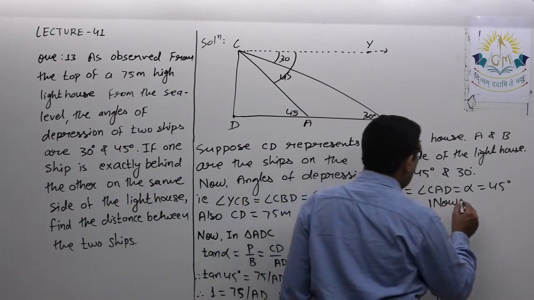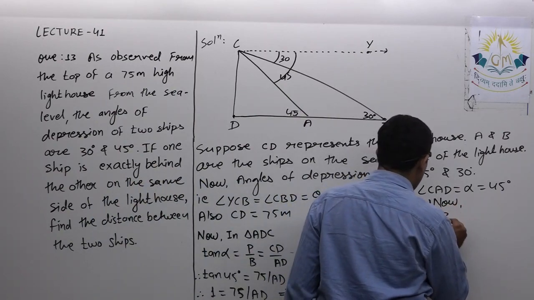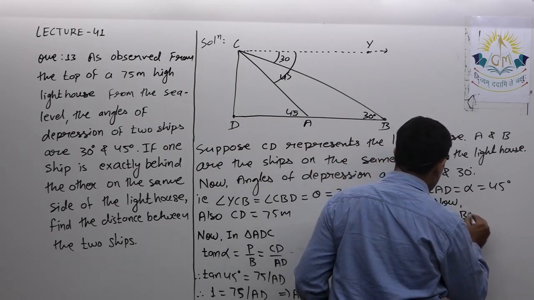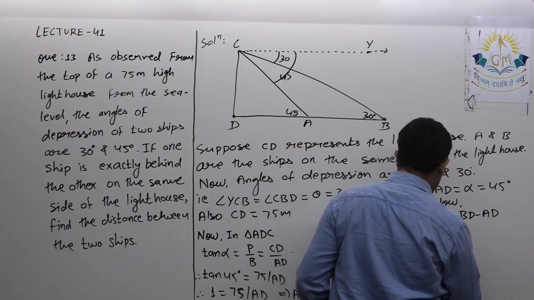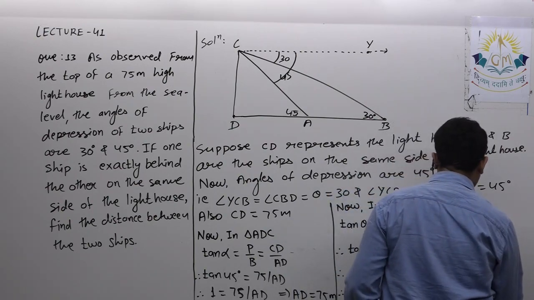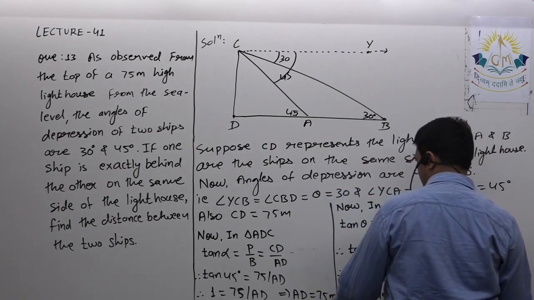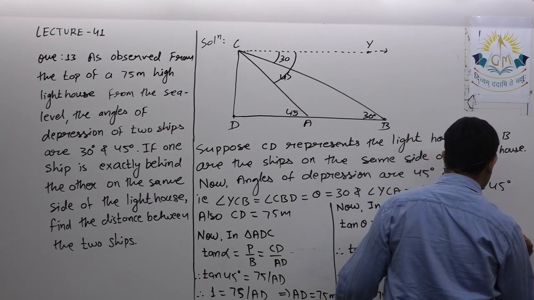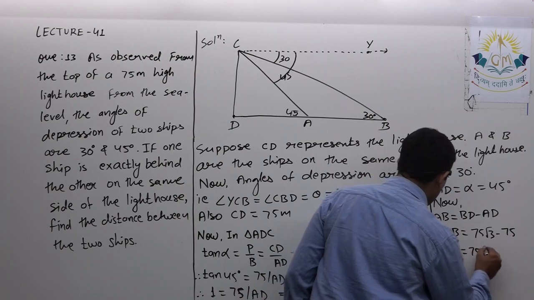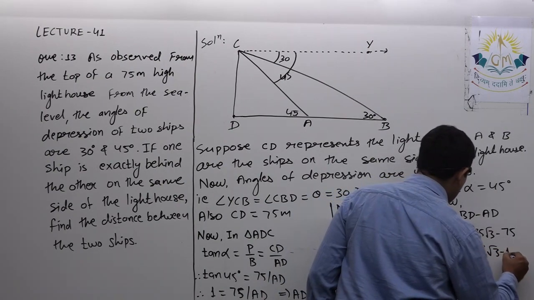So AB is equal to BD minus AD. Therefore, AB is equal to, now BD is 75 root 3 and AD is 75. Therefore, I can write AB is equal to, if I take 75 common, 75 times root 3 minus 1.